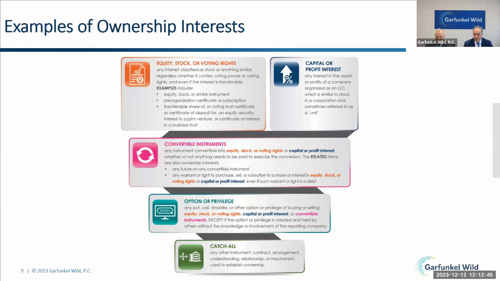Now, one of the boxes, you can see option or privilege, and it's described as any put, call, straddle, or other option or privilege of buying or selling equity, stock, or voting rights. Importantly, disregard the nomenclature of any interests or any documentation that you or your company is going to be issuing. If you issue warrants, they are going to fall within this.